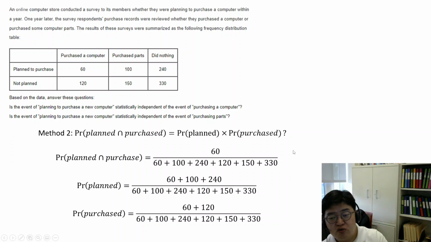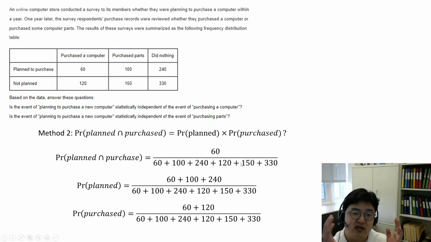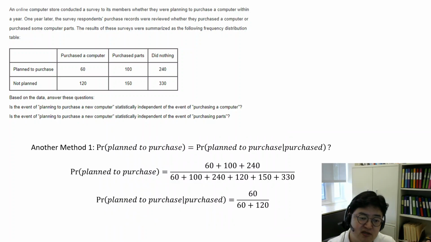Now, you have to calculate 3 probabilities, and then you multiply the latter 2 probabilities and see if the product equals the intersection probability or not. If they are equal, those 2 events are independent. If not, they are not independent. Okay? So as I said, I gave you 3 possible methods.